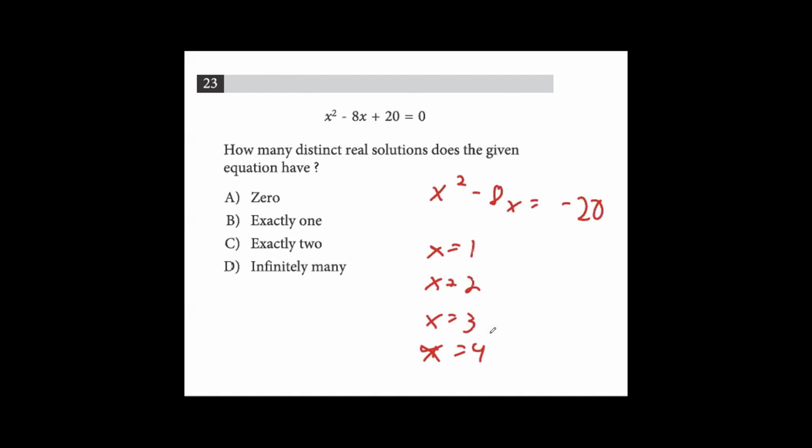If you never get an answer on the left that is smaller than the answer on the right, so you'd have to get negative 20 or negative 25 or anything lower than that, then you can use induction to prove that there is at least one solution. But in this case, if you try these four, the lowest value you'd get is negative 15 or negative 16, I think, which would not be lower than negative 20. So you could do it that way as well, but that's a bit more complicated than just graphing it.